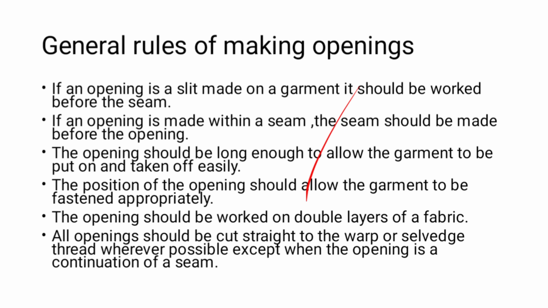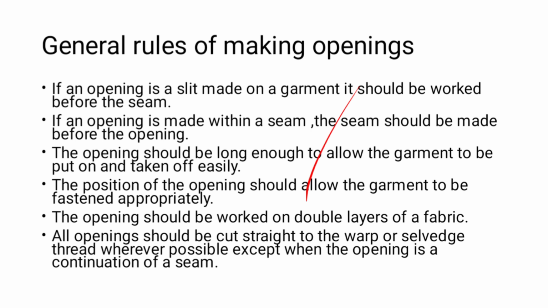All openings should be cut straight to the warp or selvage thread wherever possible, except when the opening is a continuation of a seam. Why cut straight to the warp or a selvage? In a fabric, we have the weft threads and the warp threads.